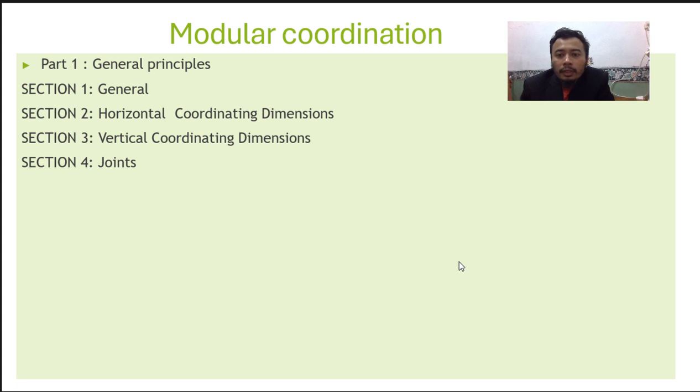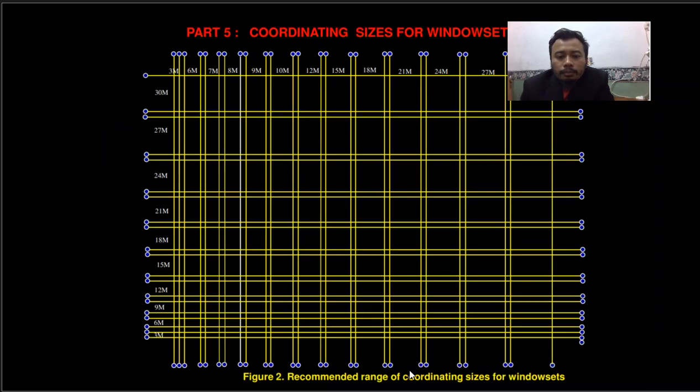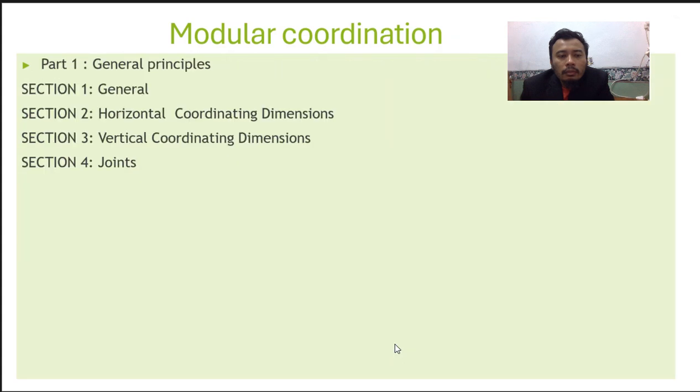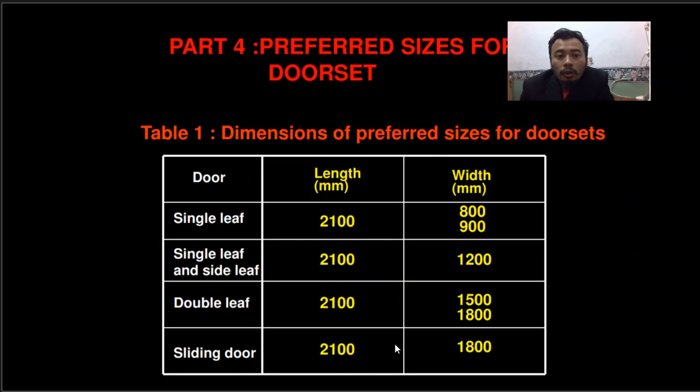MS1064 specifies the dimensions for horizontal coordination, which are the dimensions specified by the modular coordination.